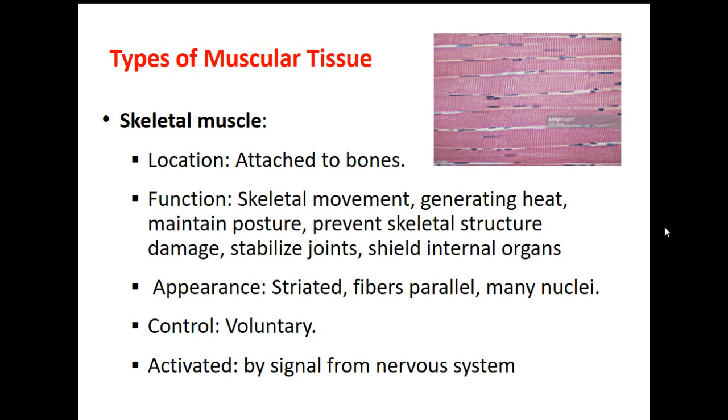The appearance of skeletal muscle under a microscope is striated, so we see those faint lines across, called striations. The fibers, remember the term fiber means cell. If we're talking about muscle, a muscle cell is called a muscle fiber.